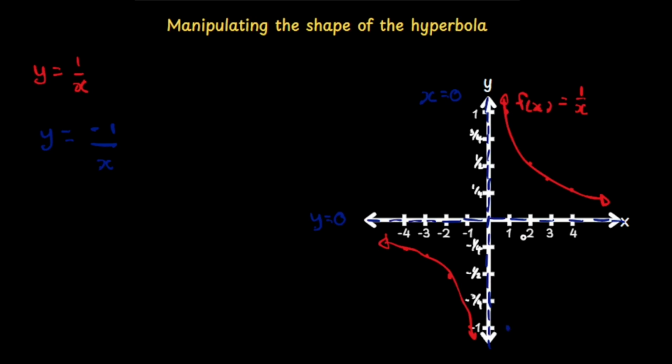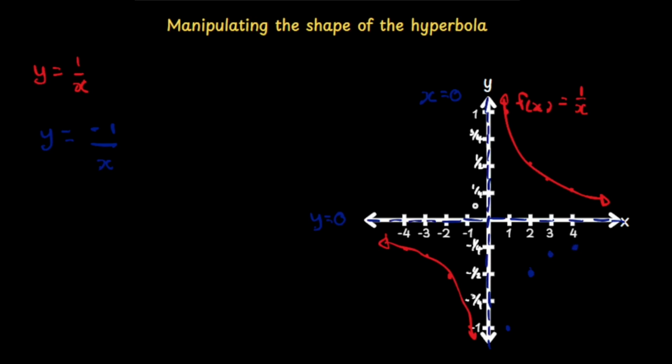When x is equal to 2, y would be negative 1 over 2, which is negative a half. When x is equal to 3, y would be negative 1 over 3. When x is equal to 4, y would be negative 1/4 because of the negative 1 in the numerator.